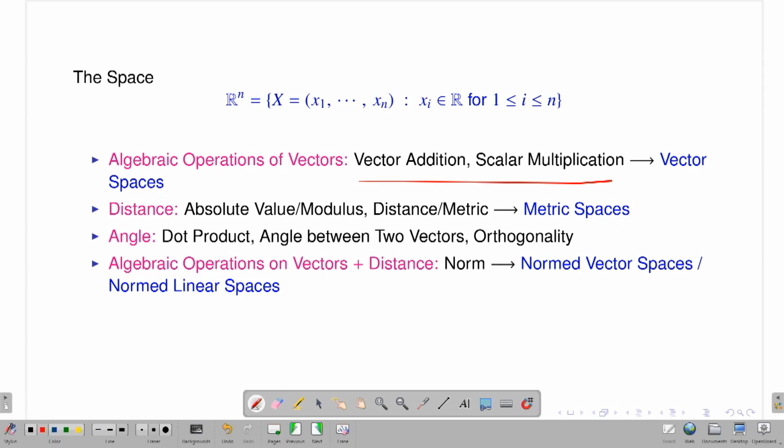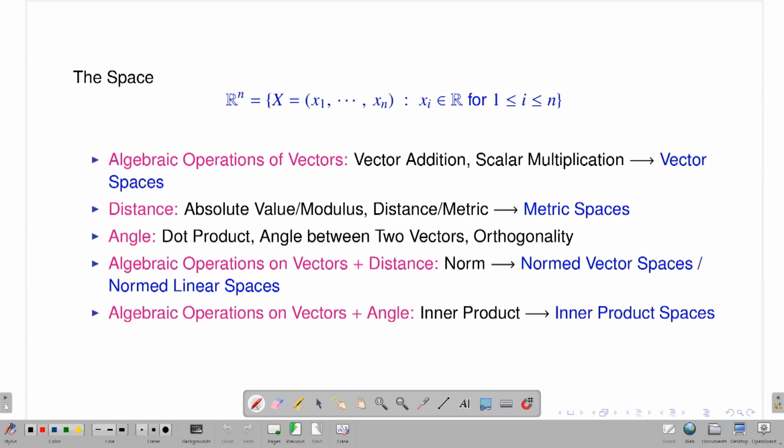Basically, the dot product also yields some kind of distance. I can take the dot product of A with A itself, which gives the modulus of A squared. So this dot product or inner product gives not only the angle, it also gives a specific distance.